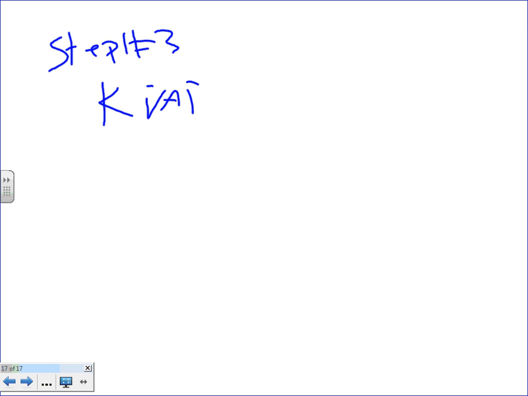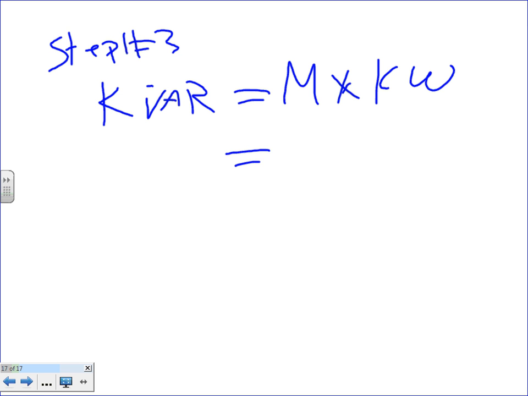Okay, step number three. kVAR equals M times kW. This is the rule that you guys are going to use. What was M? 0.499.